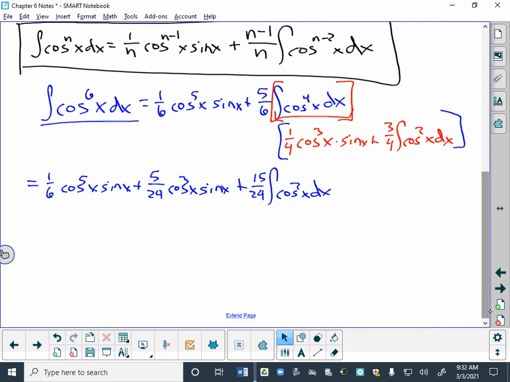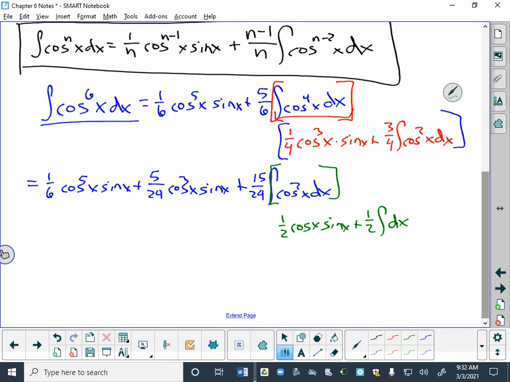And I can use my reduction formula for this part as well. Okay, so just that part is going to be 1/2 cosine x sine x plus, again, 1/2 times the antiderivative of cosine to the 0. So this is just going to be a dx right there.